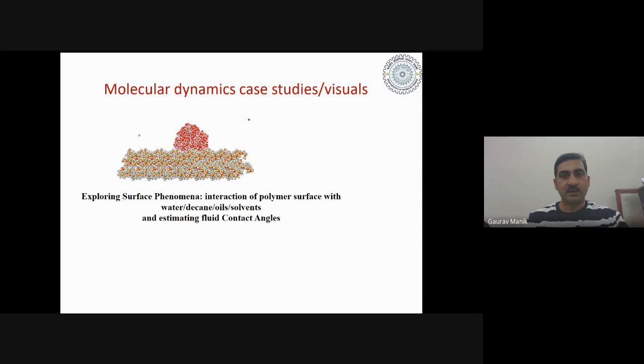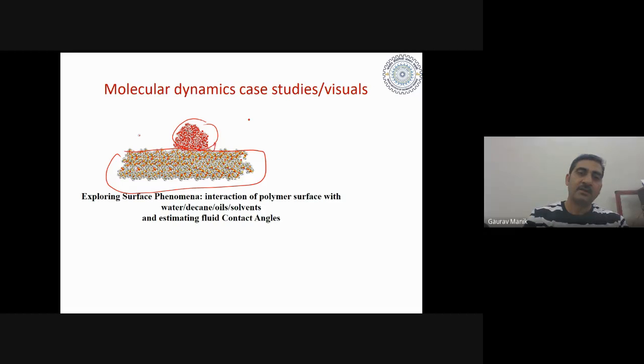The other examples are you can try to understand how fluids that fall onto any substrate surface, which could be a polymer, a glass, or a metal, settle onto these substrates, and what the level of interaction of these fluids with the substrate is. These kinds of interactions between these two entities we can try to understand using molecular dynamics. I'm going to show some examples and case studies around it, but that's another interesting application.